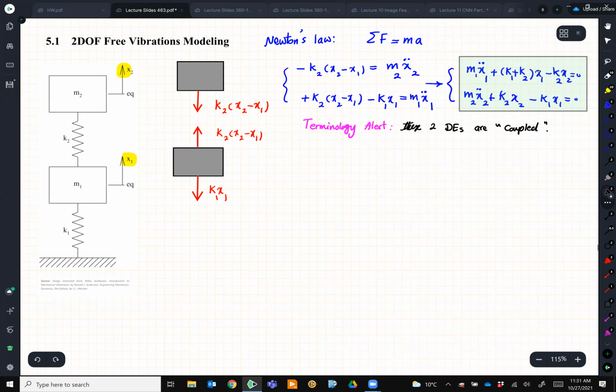They are not independent. You have x1 in one, x2 in the other, so one variable is affecting the other one. One equation is affecting the other equation. So we say they are coupled, or they are connected. They are not independent.